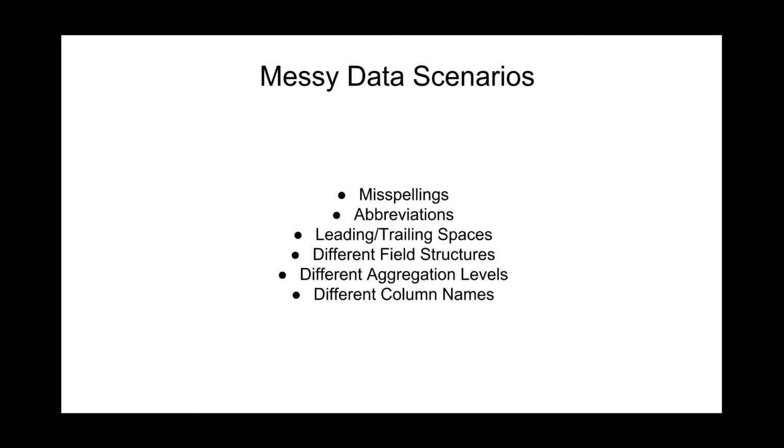What happens when you have 2 tables at different levels of granularity or aggregation, so maybe one table has daily information and another has monthly information? How do you get them to play nicely together? The last thing we'll wrap up with, before taking some time for questions at the end of the day, will be how to address different column names when you're trying to bring multiple data sources together.